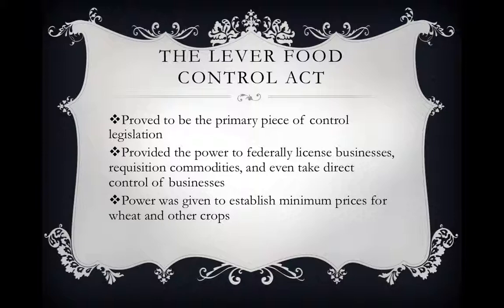As a matter of fact, during World War I, the federal government nationalized the railroads. The railroads were deemed so important to the movement of troops, food, and material in order to fight the war over in Europe that it was deemed essential to the prosecution of the war.